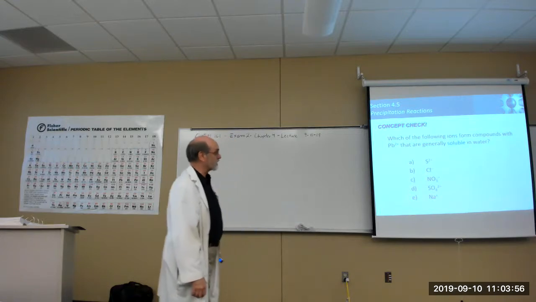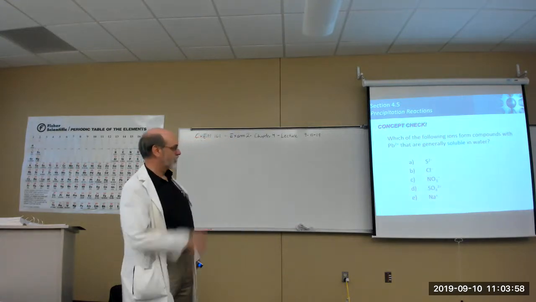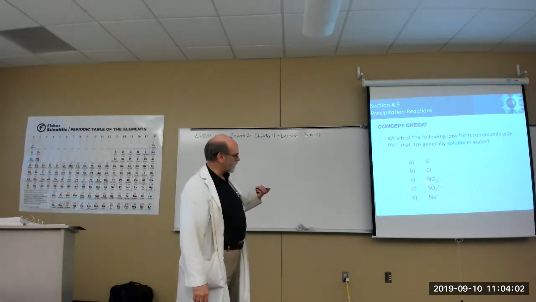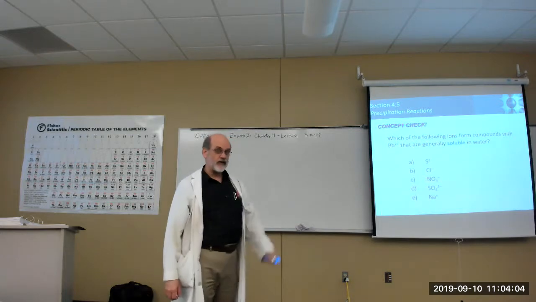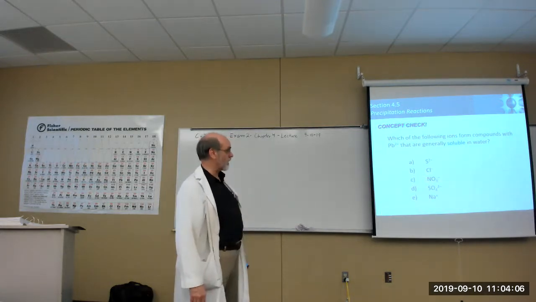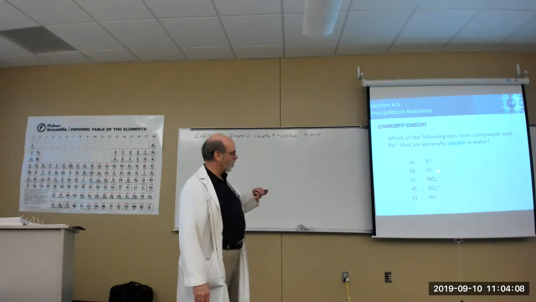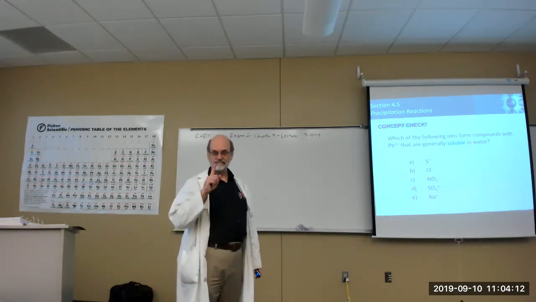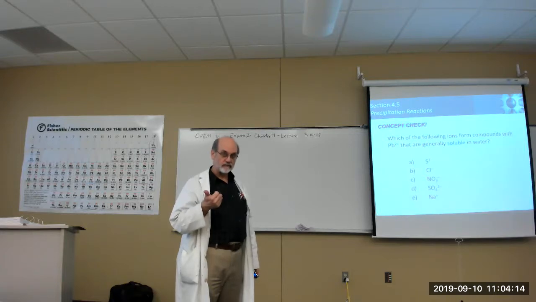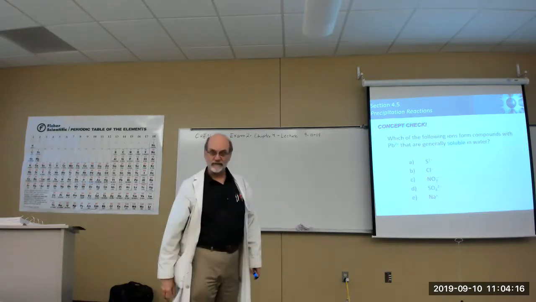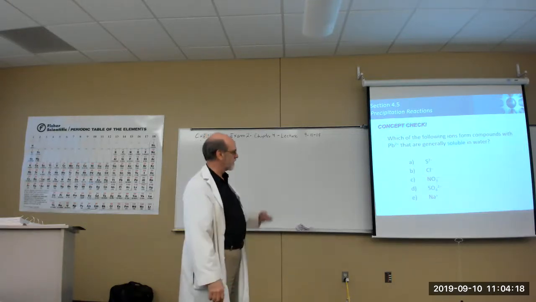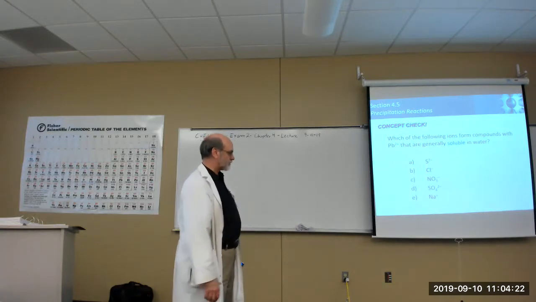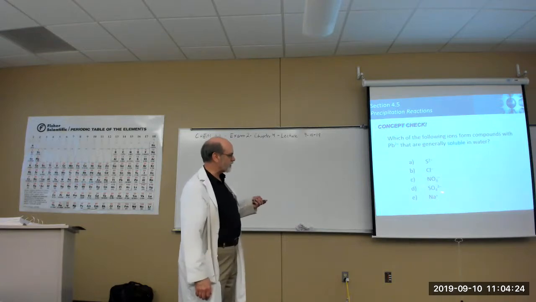Now, how about solubility? Well, we know that all nitrates, according to Rule 1, are soluble, right? So C has to be one of them. Chlorides are generally soluble except for what? Well, silver's one of them. Lead's another one. It's insoluble. Sulfides are generally insoluble, as are sulfates.